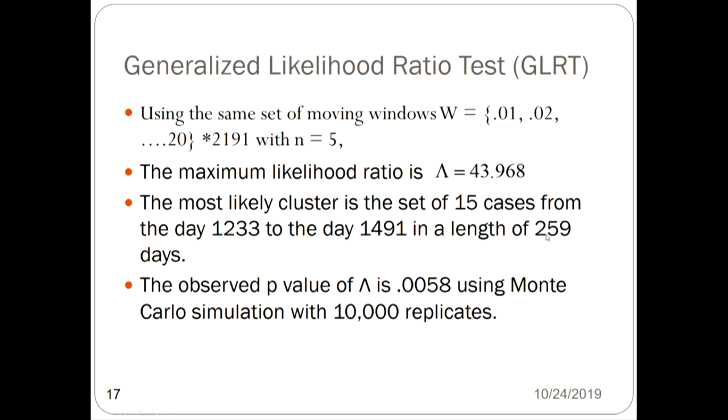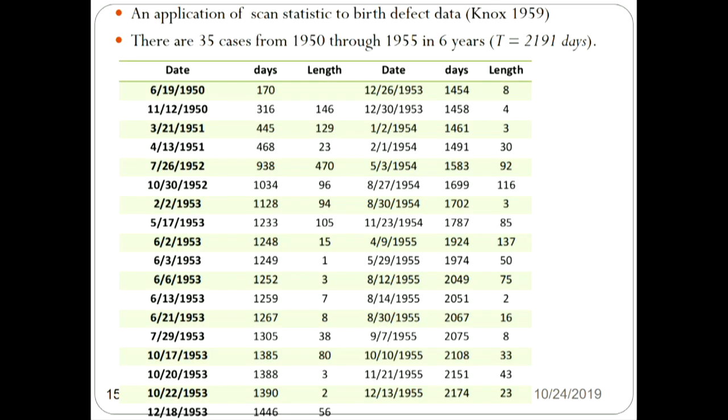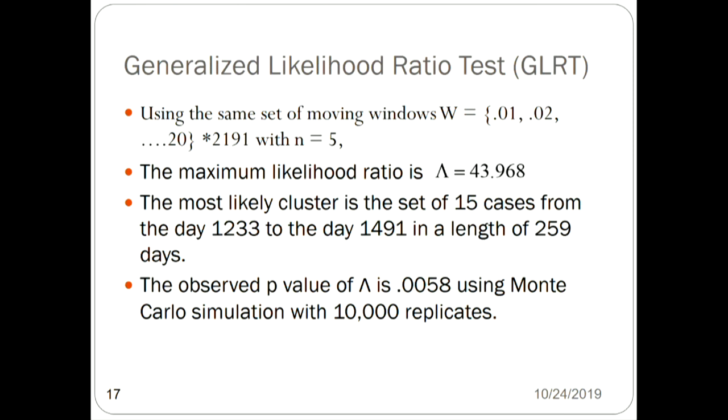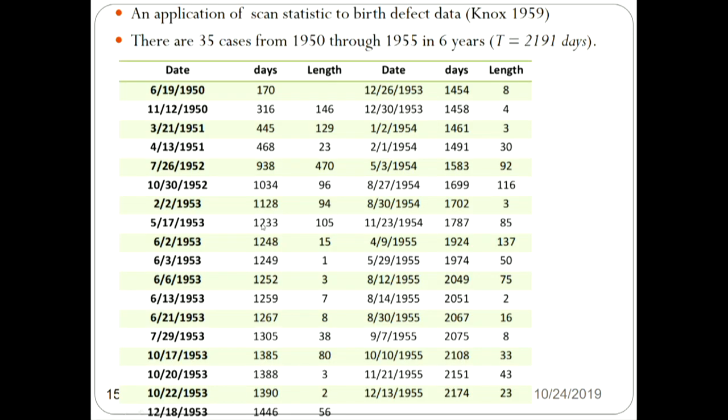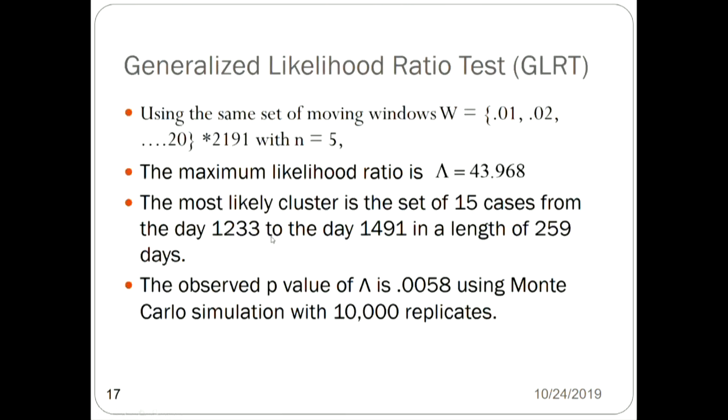So if I go back to the table here, you should be able to find approximately the days that will happen here. So it's about in this area. You see that it starts from May 17 of 1953, with a length of 259 days, and there are about 15 cases.